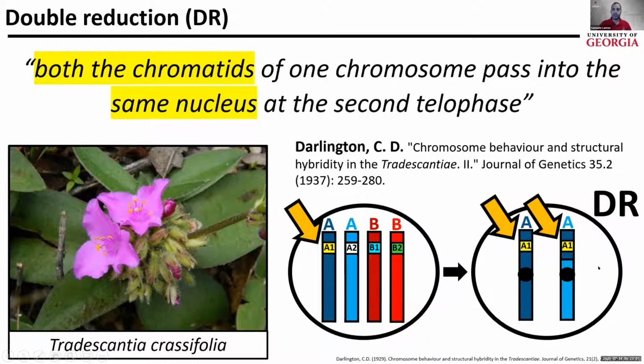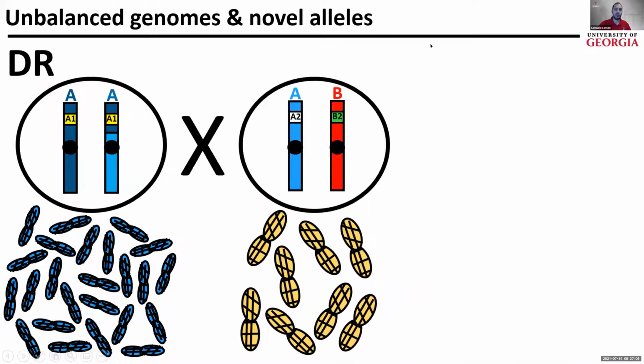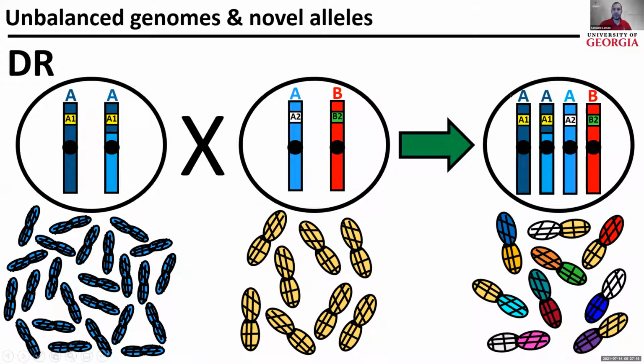And so when we have one of these gametes, the outcome of double reduction, and we cross it with our regular Arachis hypogaea gamete, like in this case with one chromosome from the A subgenome and one chromosome from the B subgenome, we will have an unbalanced genomic composition.